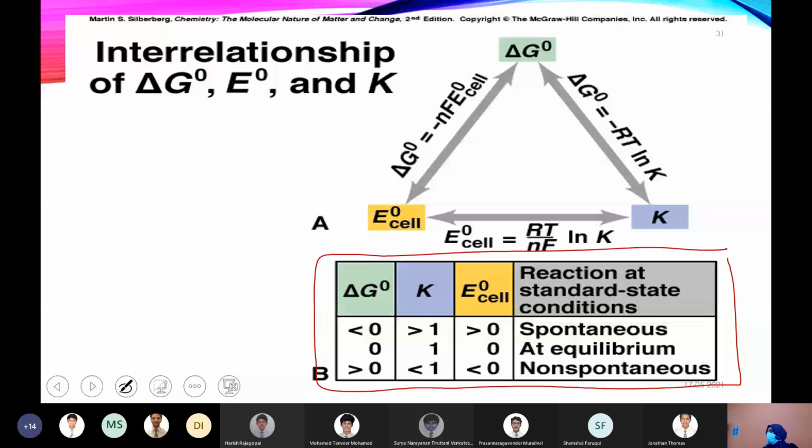Similarly, in terms of E0 cell, if the value is greater than 0, the reaction is spontaneous, and E0 cell is 0 at equilibrium, and it will be less than 0 when it is a non-spontaneous reaction. So just note down these points, because a question can also check the spontaneity or feasibility of a reaction.